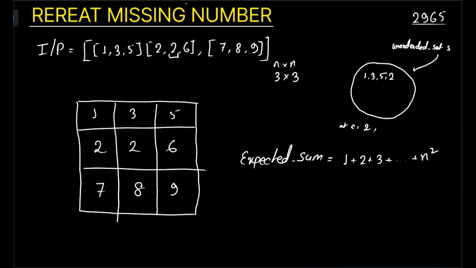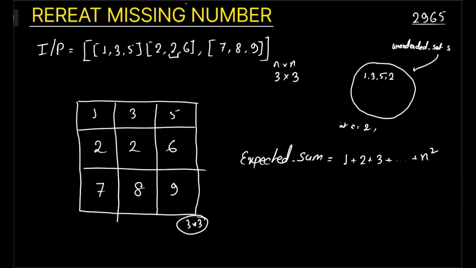Because how many integers are there? Up to n square, because this is a 3 cross 3 matrix. So if n is 3, then we will traverse up to n square. So 1, 2, 3, up to n square integers.